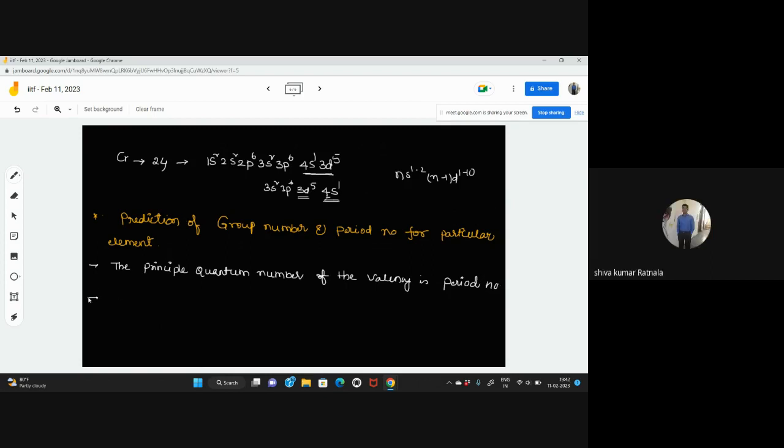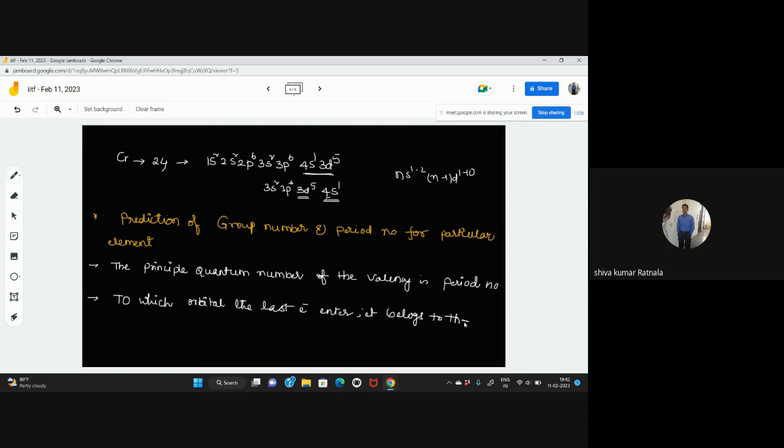Next, to which orbital the last electron enters, it belongs to that block.